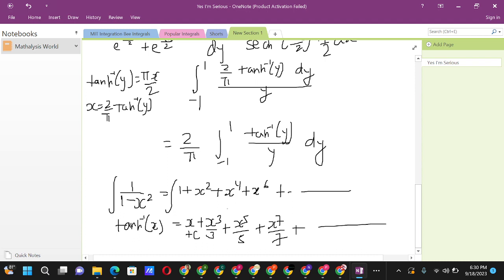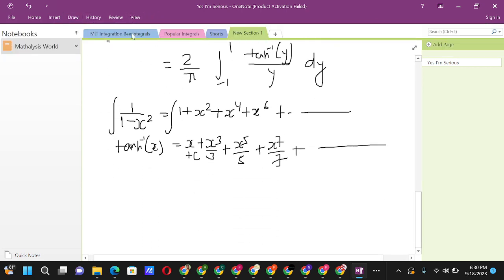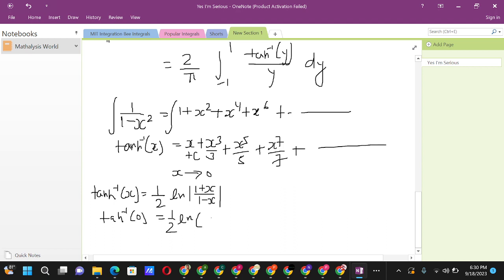Okay, after this, to get the value of c, we can just substitute x at 0. If we substitute x at 0, we know that tan inverse x is also equal to 1 by 2 ln of (1 plus x) by (1 minus x), and tan inverse 0 is just 1 by 2 ln of 1 by 1, so that's ln of 1, so it's 0.